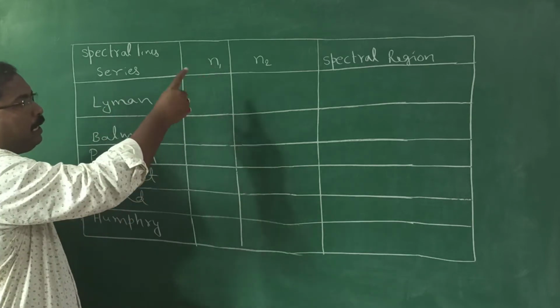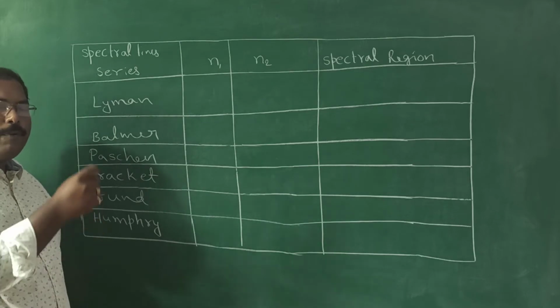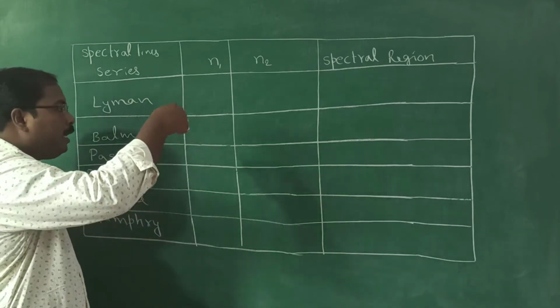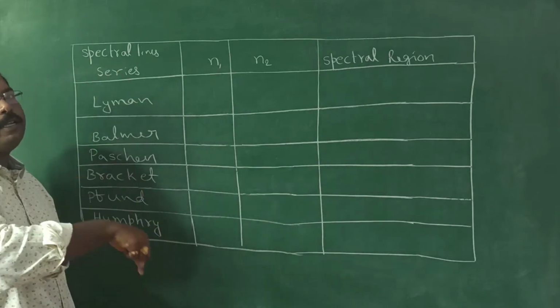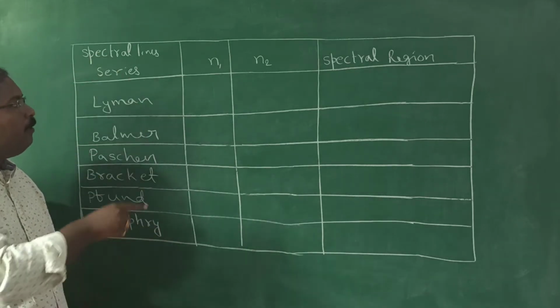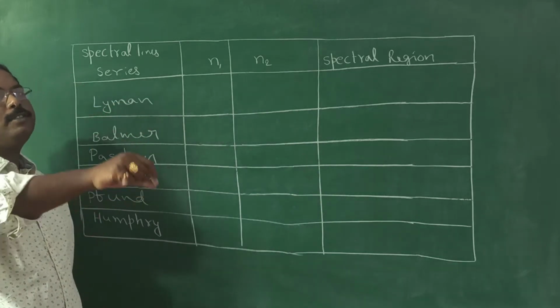Now, n1 and n2. n1 means the lower orbit to which the electron is going to jump. n2 means from where the electron is coming.